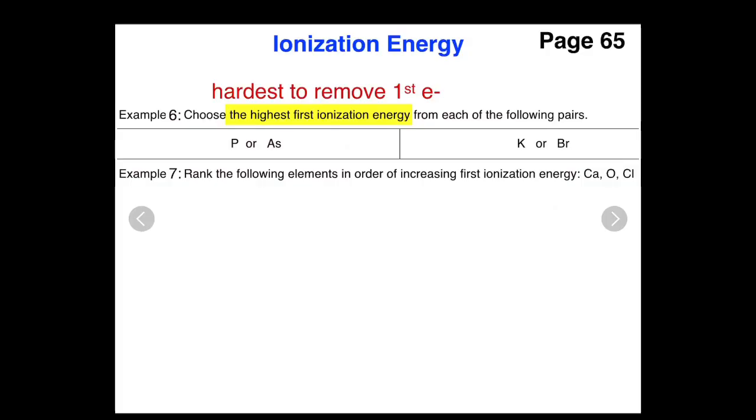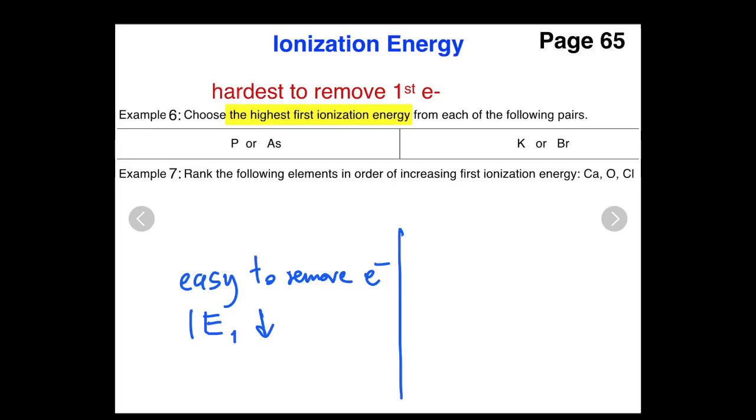Remember from the previous slide, if it's easy to remove an electron, the amount of ionization energy would be low, because it doesn't require much energy. Whereas if it's hard to remove an electron, the system is going to require more energy. Therefore, the first ionization energy would be high, right? So that's how you know it, and you can predict this by the atomic size.